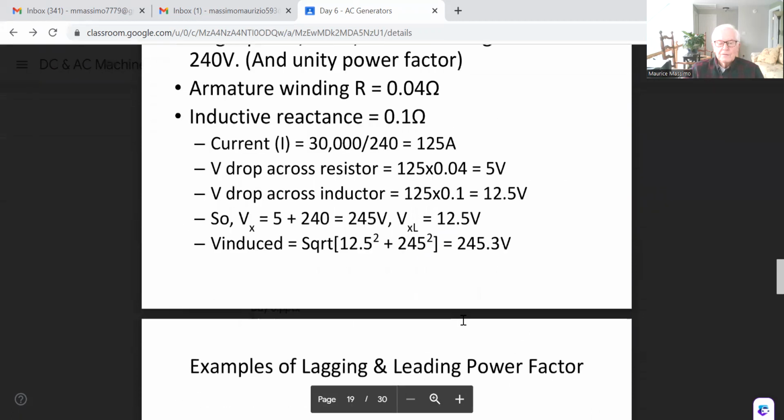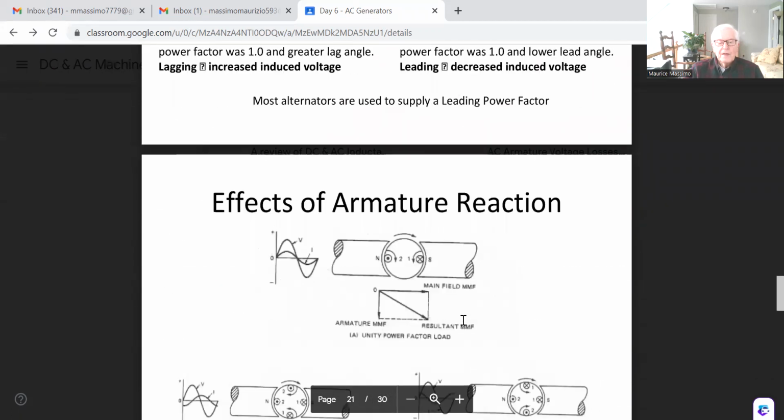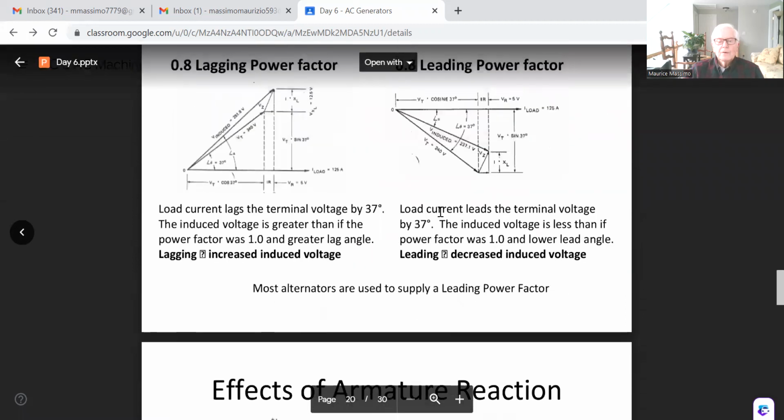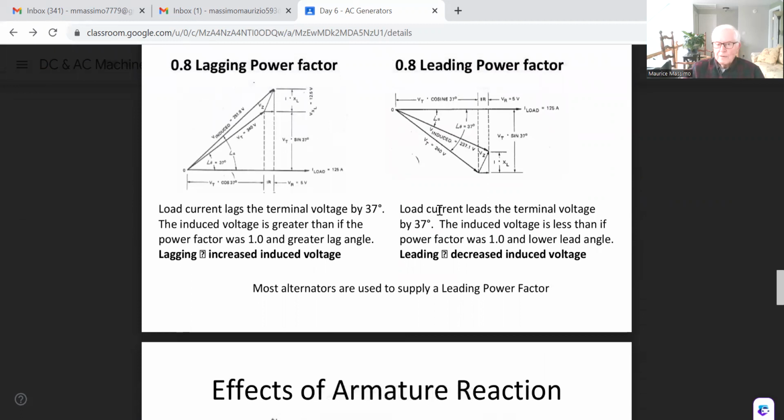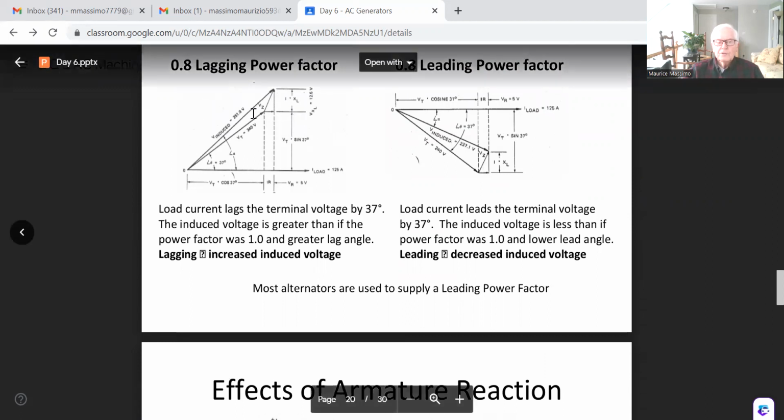Using that, we create vector diagrams that you're familiar with, to figure out what contribution we have to add for the lagging power or for the leading power.